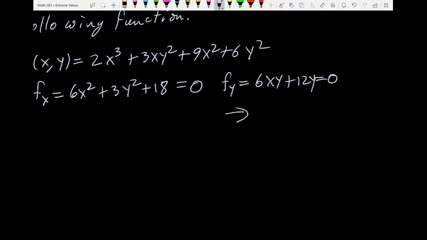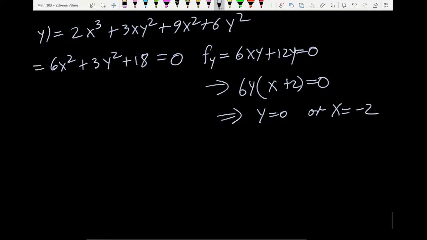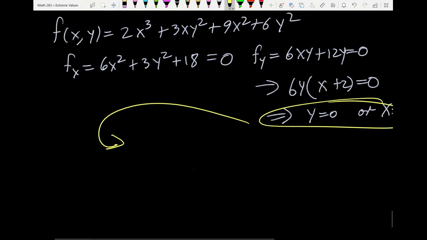Then we could take 6y out. I get x plus 2 equals 0. From that, we get what? Y is 0 or x is negative 2. Okay? So now we're going to use this information to figure out all this other information.